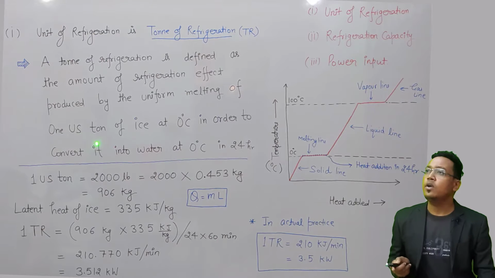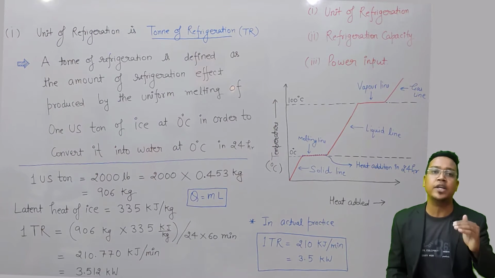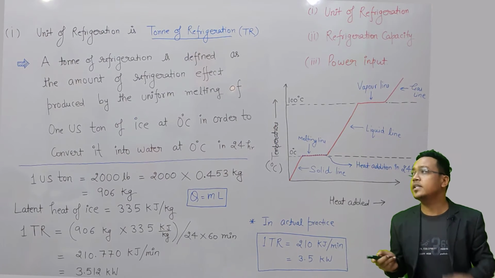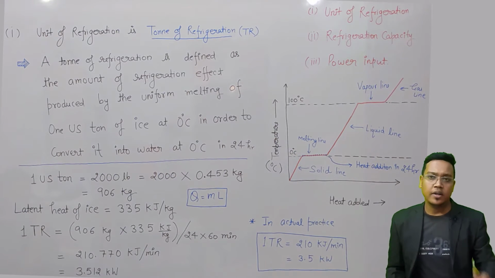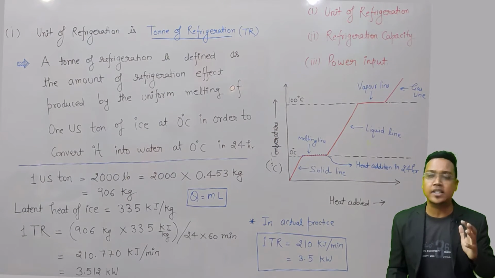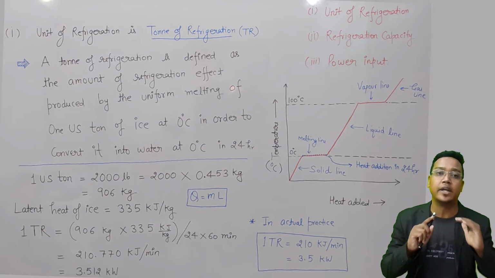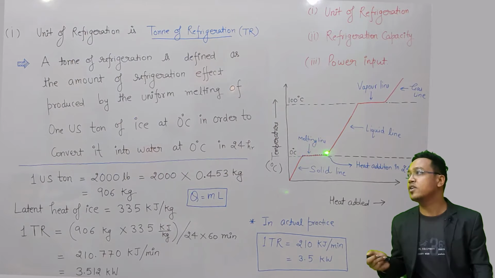Now here you see 1 US ton of ice. Suppose I have taken 1 US ton of ice, means the quantity I have taken. Now this 1 US ton of ice will melt at 0 degrees Celsius at constant temperature. Here you see the constant line.